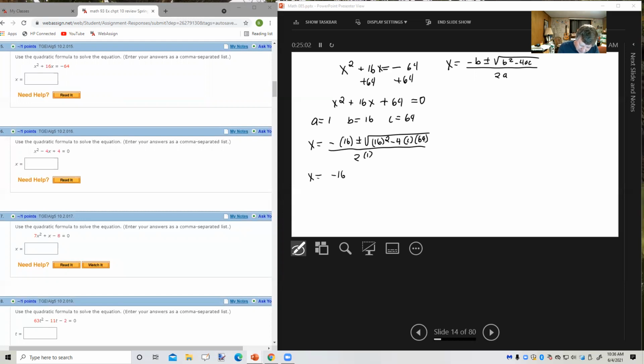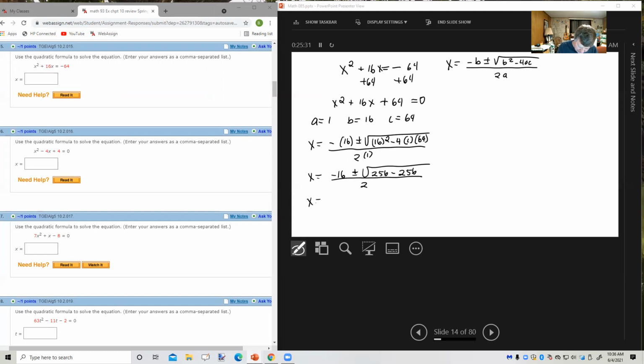Continuing to simplify, x equals negative 16 plus or minus the square root of, let's see here, what is 16 squared? 256 minus 4 times 1 is 4 times 64 is 256, and all of that over 2.